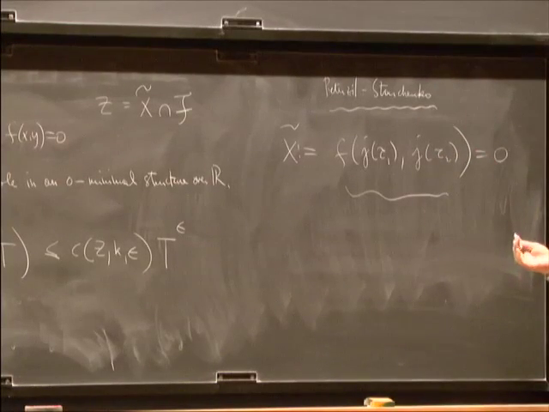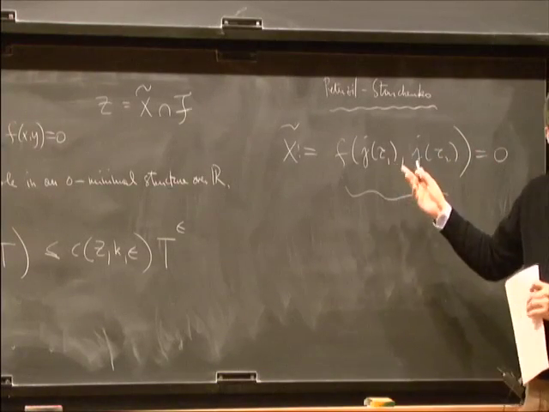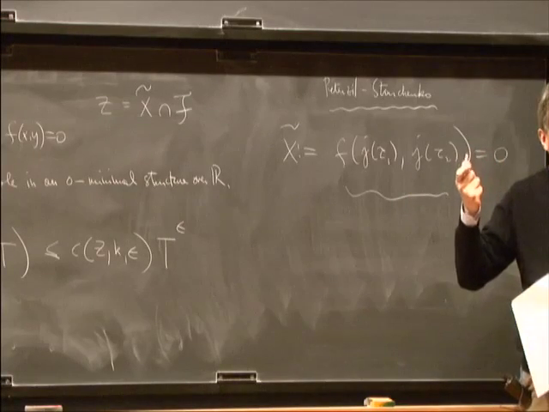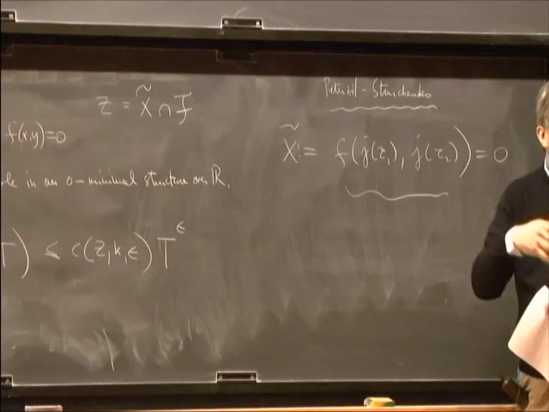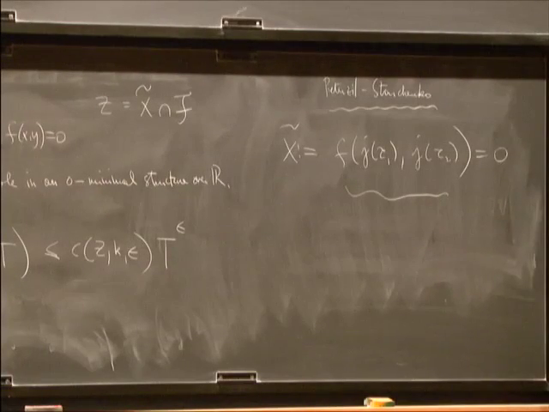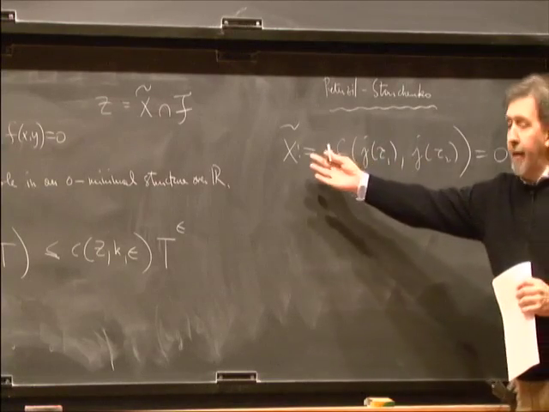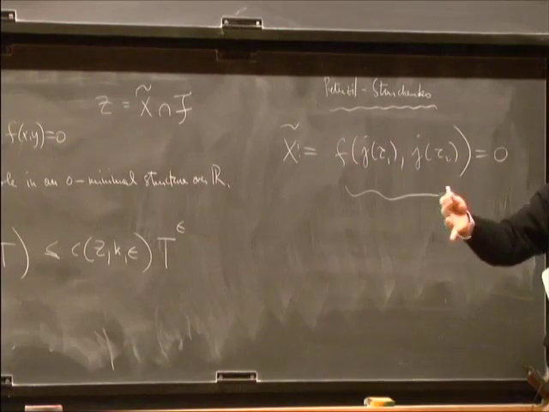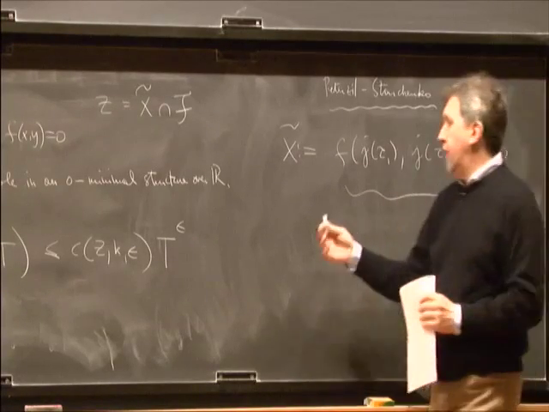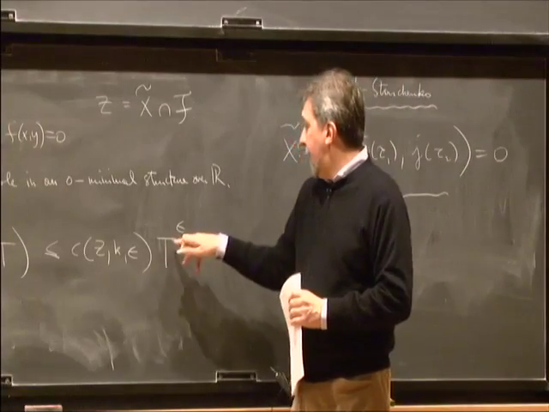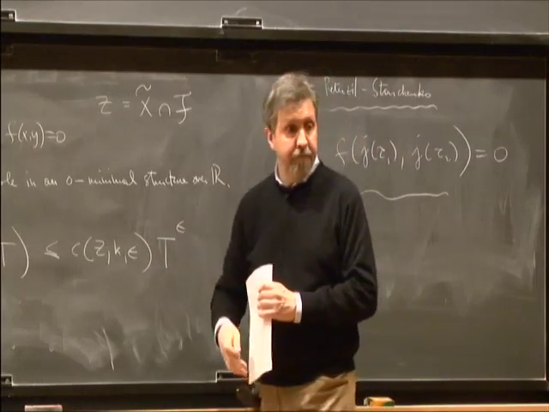So he can estimate. Again, he takes one special point and takes the conjugates. So these conjugates will give quadratic imaginary points lying on x tilde. And he can work, of course, inside the fundamental domain. Then the number of these points will be bounded by the height to the epsilon.